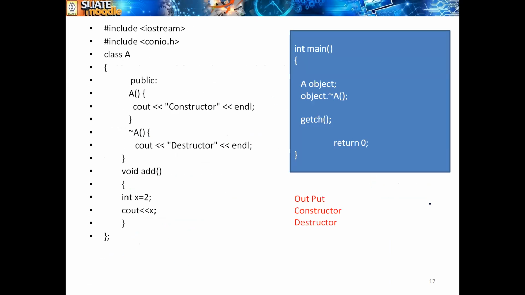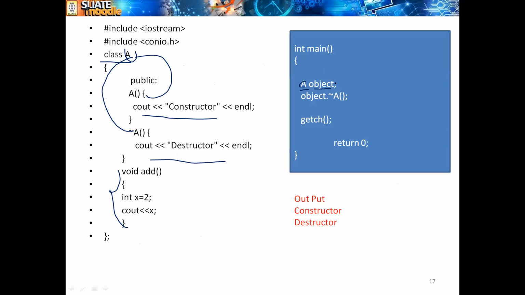Pointers. Another example is for the constructor. Class A: the class name is A, and a method with the same class name is created. This is called a constructor. Another method is created with the class name, with this mark also, and this is called the destructor. And this is the main method. A is a class name, and we create an object of the class.